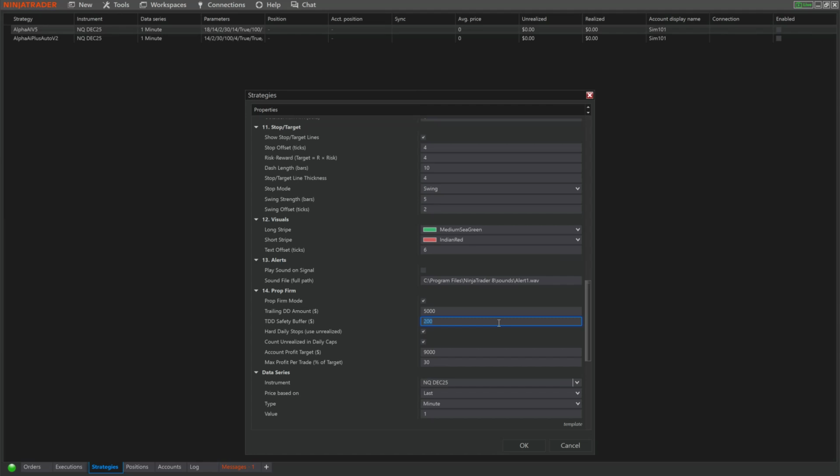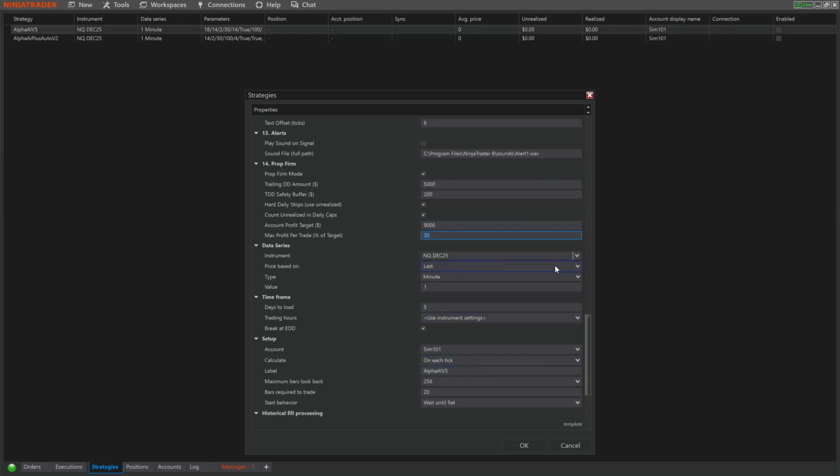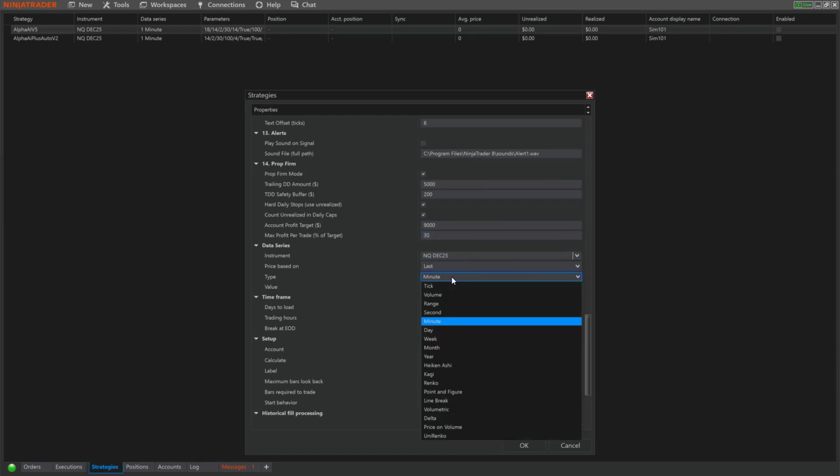That's why we need you here with this very cheap price, with this very sophisticated system, because we need all of us to tweak the system and make different templates for different markets. This is the buffer. And then you have the account profit target, and then again the max profit per trade. And we can also change the instrument and what time frame you trade.